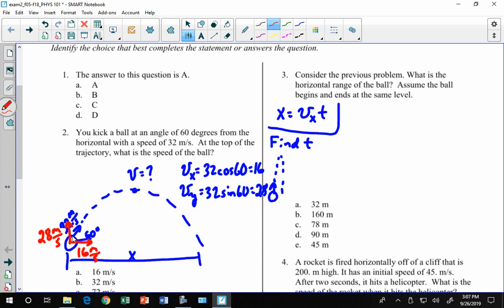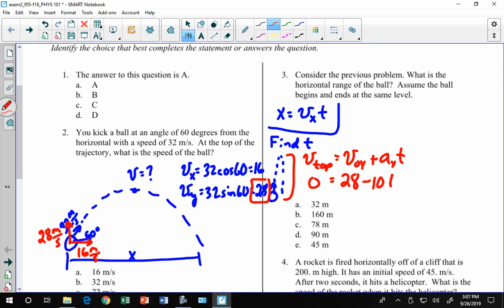I'm working this problem to find the t. I say that v at the top is equal to v naught y plus ay times t. V top is 0. V naught y I know is 28. That's what I had right over here.